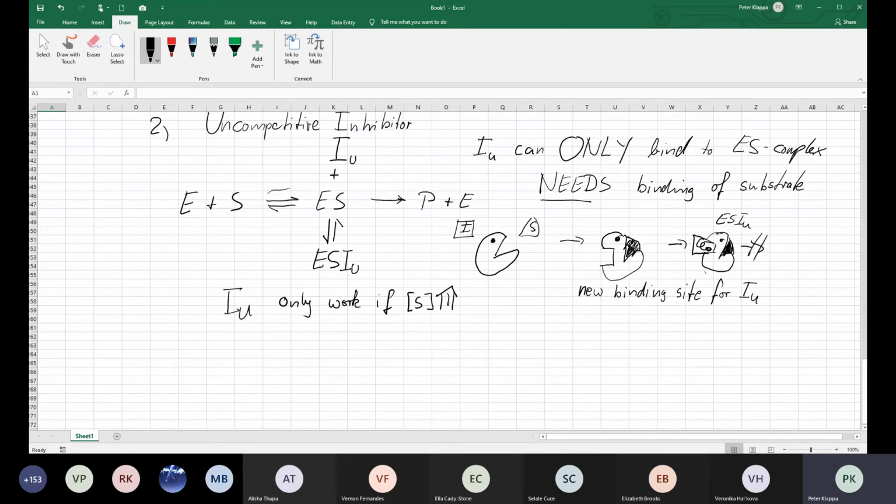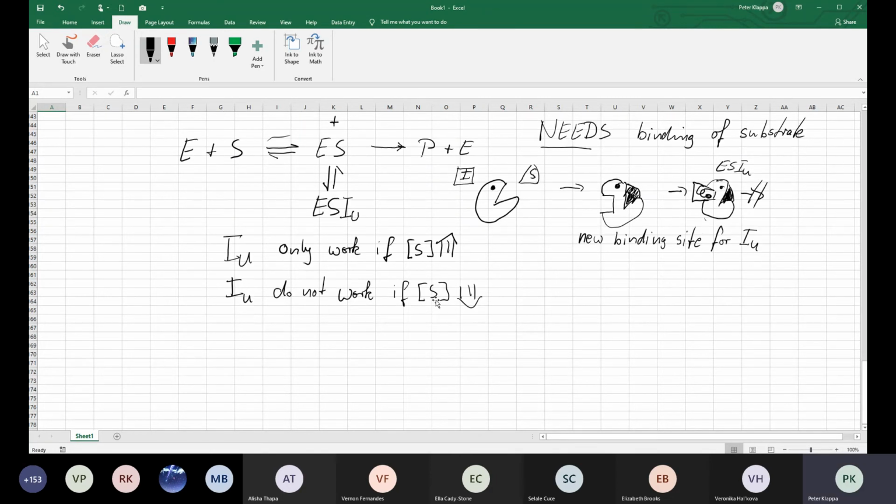When does it not work? They do not work if the substrate concentration is very low. Absolutely right.